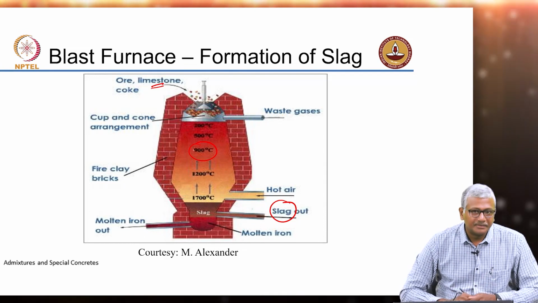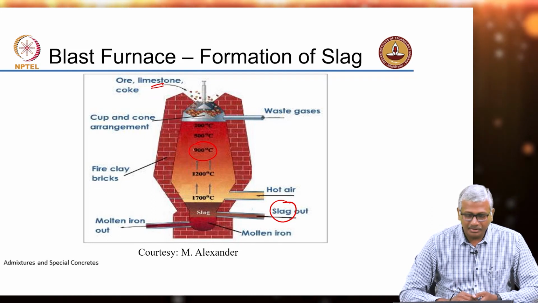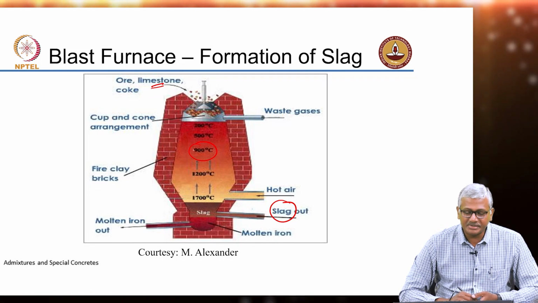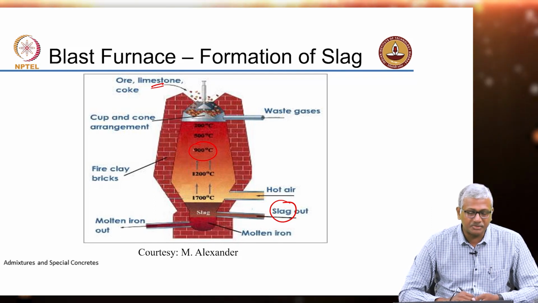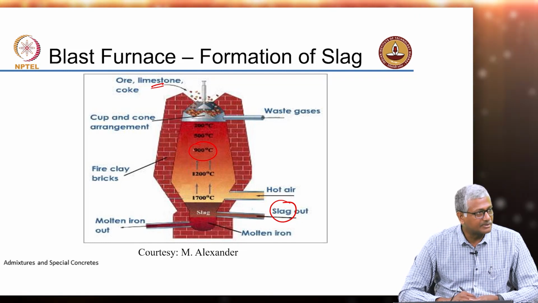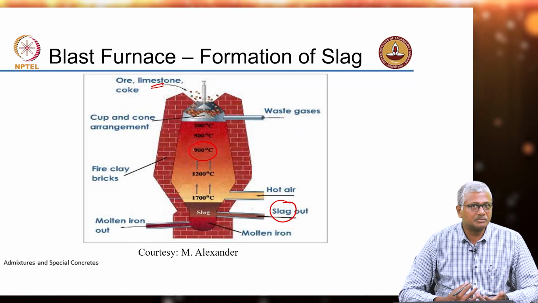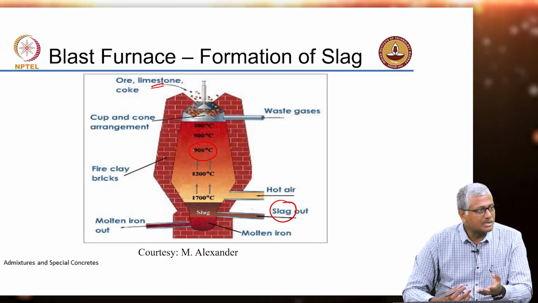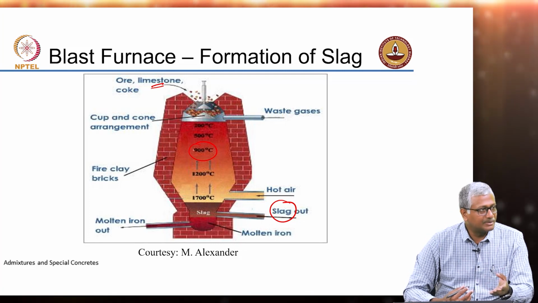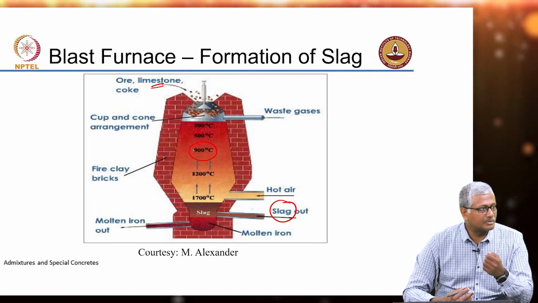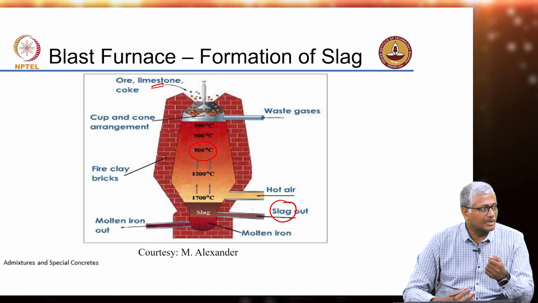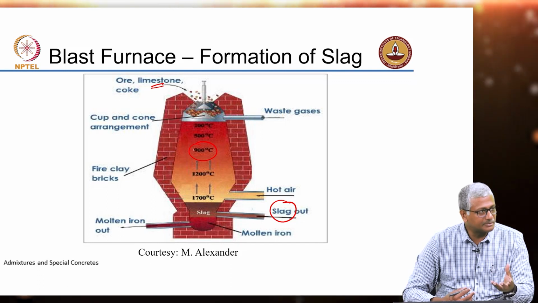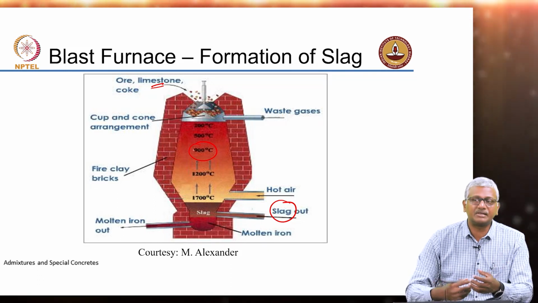Well, it depends on how this waste gas is utilized. Yes, slag production will also lead to some CO2 formation. But see again, what people justify is that you are not producing slag. Slag is an eventuality that happens during the production of pig iron, right. So, this slag that is collected is treated as a waste.